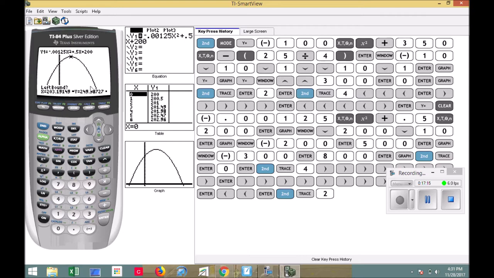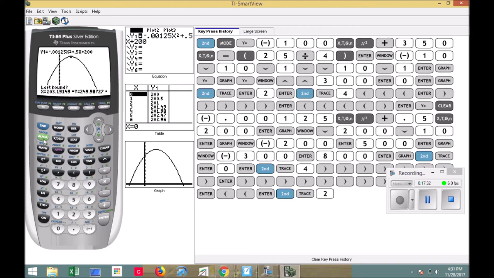So we're going to go to the left of the x-intercept, to the right of the x-intercept, and on it, which in this case, to the left would be a little bit above the x-intercept, to the right would be a little bit below the x-intercept, and then on the x-intercept. So I did second calculate, I did 0.